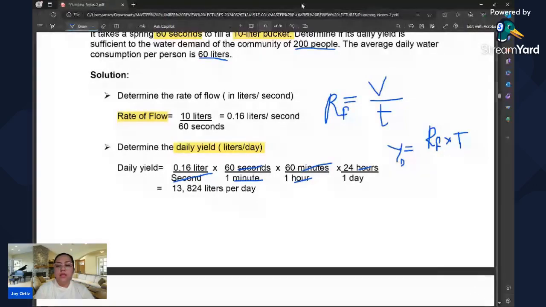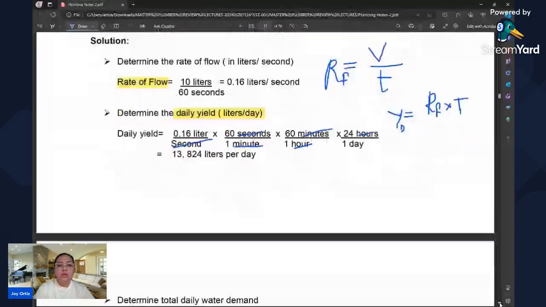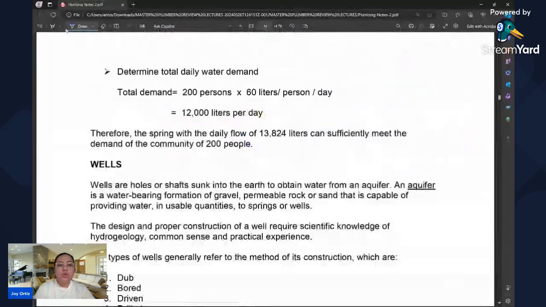Okay? Now, ano naman ang total daily demand, daily water demand? So, how will we be able?